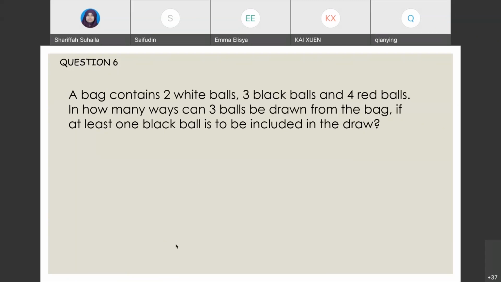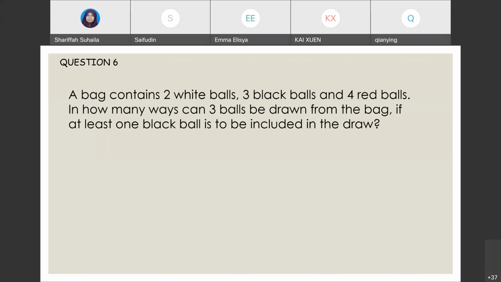So dia kata at least one black ball is to be included in the draw. Okay. So it can be either 1 ataupun 2 ataupun 3. But we need to consider jugalah, let's say if you have one black ball, sama ada two white balls, we have pilih dua-dua sekali dah dapat 3, and then no red balls lah.